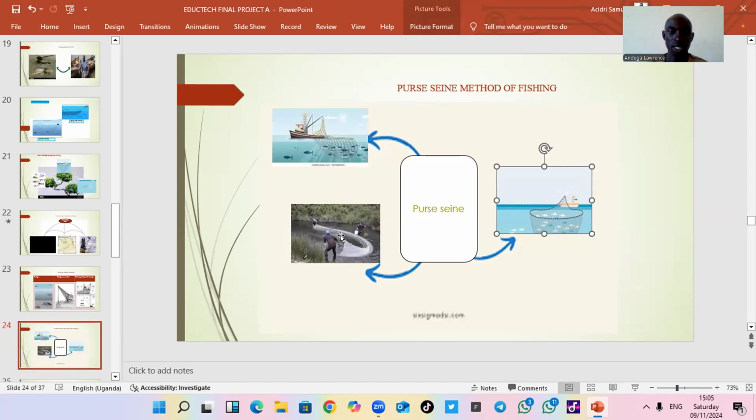At times we can see in this picture that the nets are held by individuals in the dhows, and the fish, once they get there, don't see any pathway for passing, and they get attracted there. So it's another method of fishing that can be used in East Africa. And all this will be used in the lesson development process for learners to fully understand the modern methods of fishing, especially purse seine that is used in East Africa.